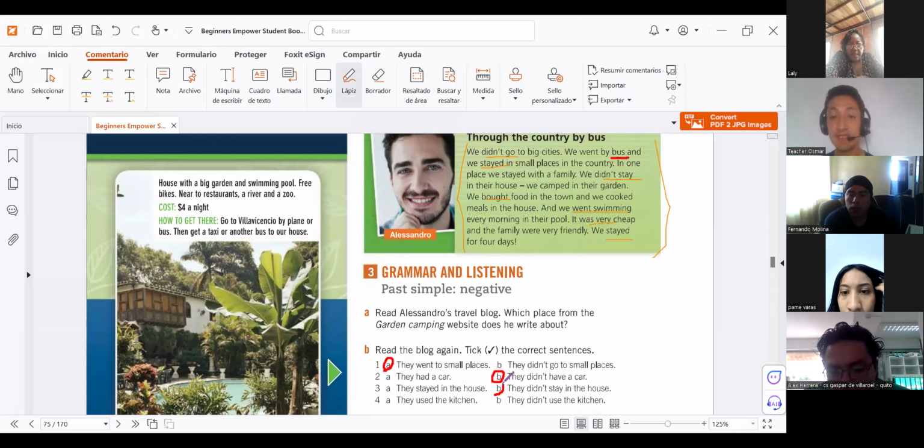Excellent, because they stayed in the garden, not in the house, right? And number four, they used the kitchen or they didn't use the kitchen. They used the kitchen. Excellent. Right? Because they cooked in the house. So they used the kitchen. Got it? Yes?